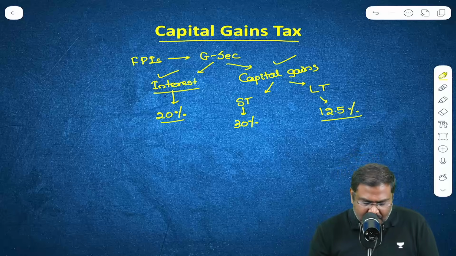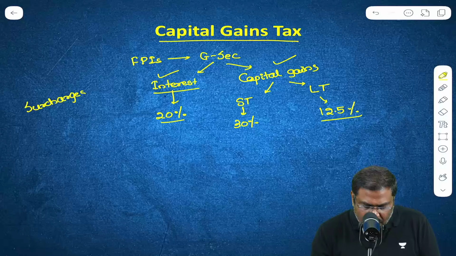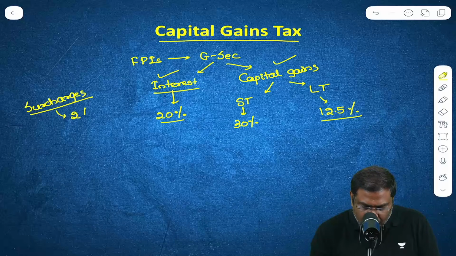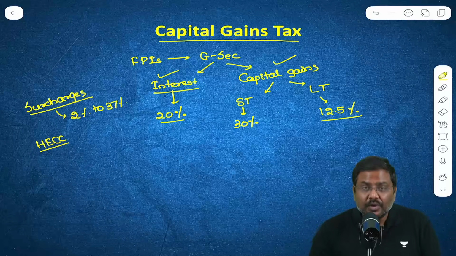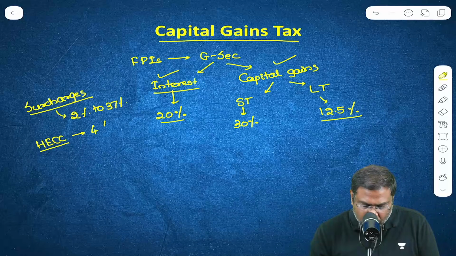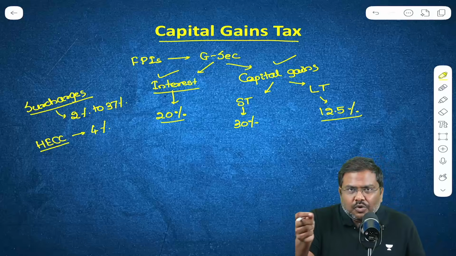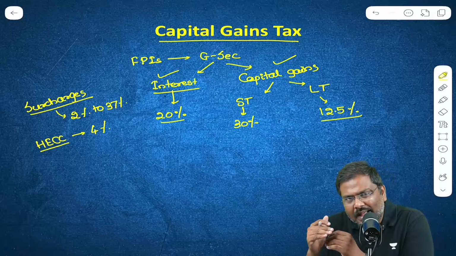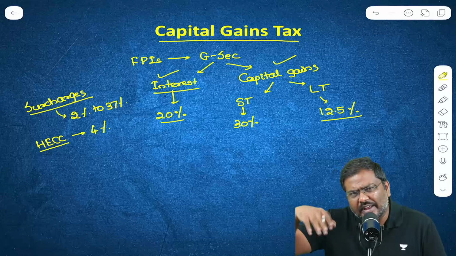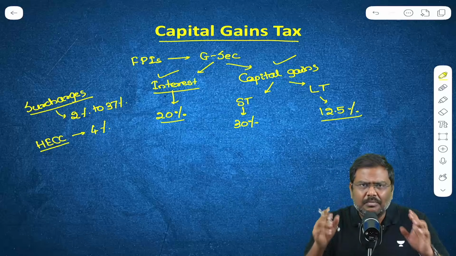In addition to this, the FPIs paid surcharges which were in the range of 2% to 37%, and also the health and education cess which was 4%. So if you put together all these taxes, the overall tax liability on the FPIs was very high, one of the highest in the global market.